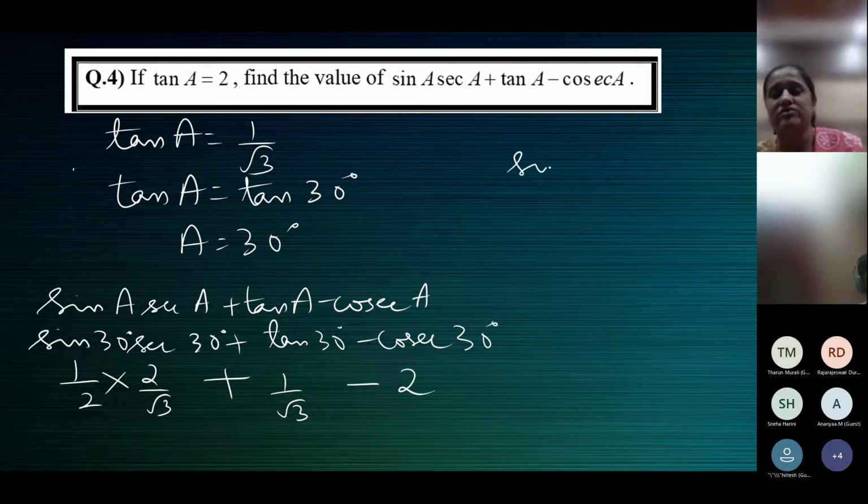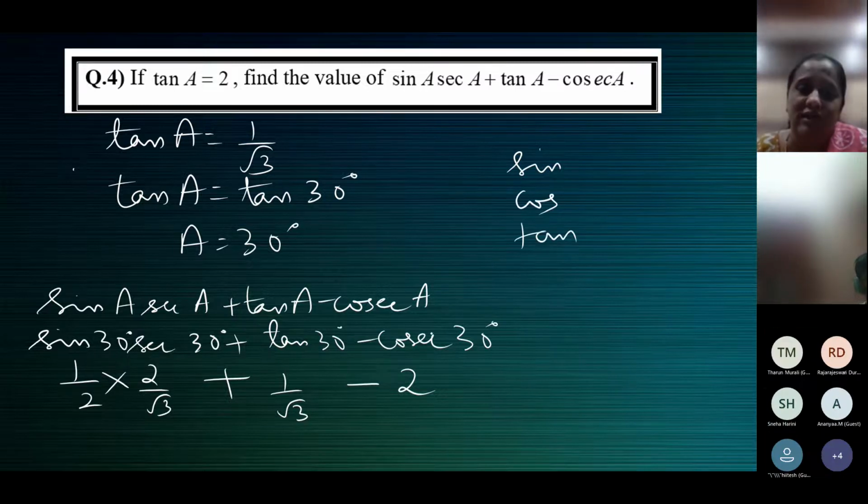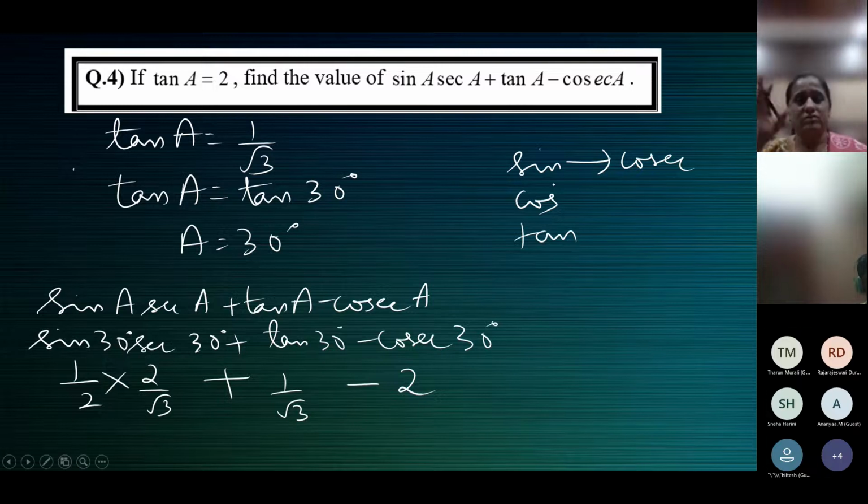Just remember the values for sine, cos, and tan. Sometimes what children do is, you can even write down the entire table in your exam paper, so you can refer to the values every time.